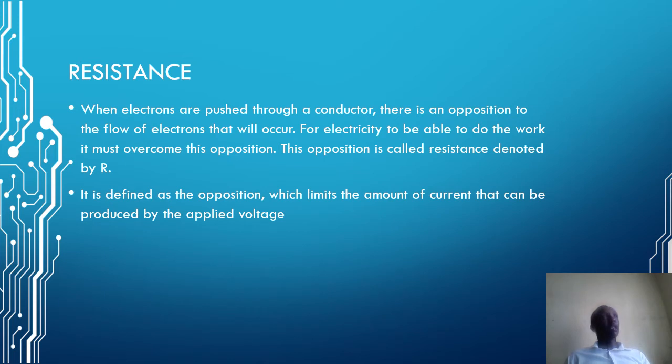Moving on, whenever we have current, or electrons moving in mass on a conductor, there will be some opposition to this flow of electrons, and this opposition is what we call resistance, which is denoted by the letter R. It can be defined as the opposition which limits the amount of current that can be produced by applied voltage.